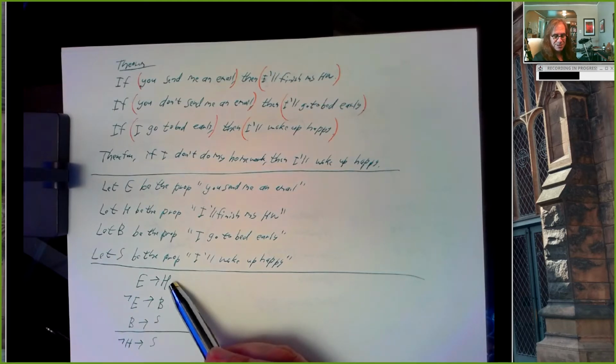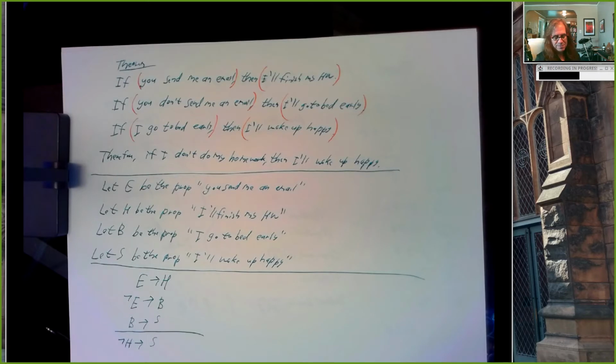So that means that E could be false and H would be true. But that would still mean that you went to bed early, which means that you woke up happy. But it's not exclusive. It's not saying that you have to by saying not H. It's only proving that case.